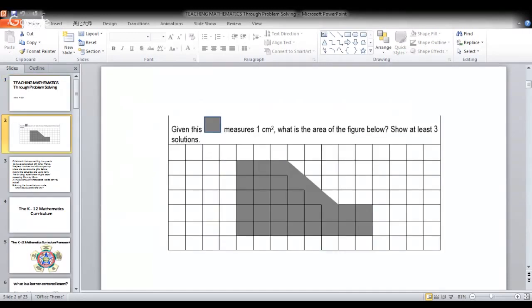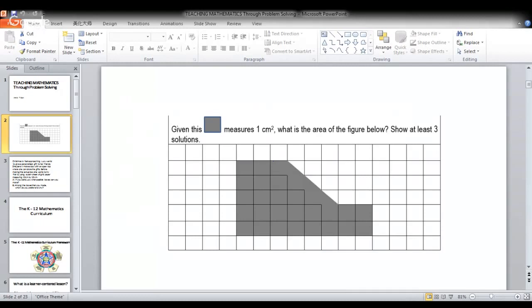So to start that, I have a problem for you. I guess there's a delay. On the second slide, you can see a problem on your screen where you need to use your pencil now, and then you tell me if you can find at least three solutions in this problem.